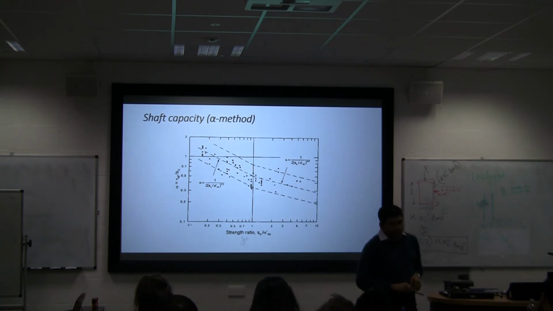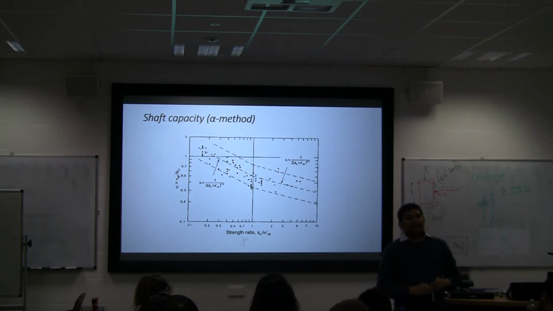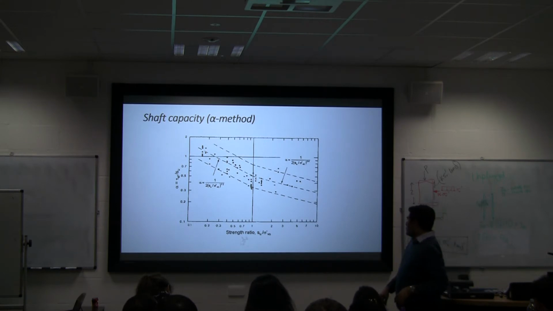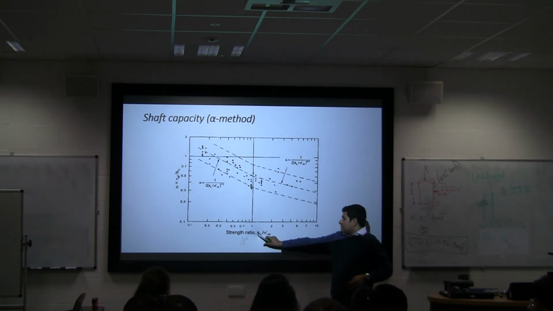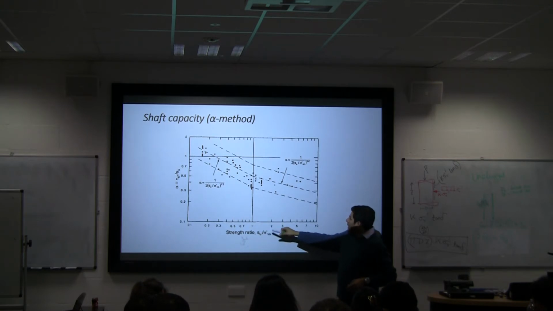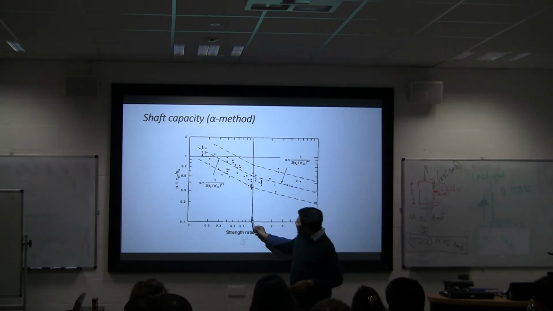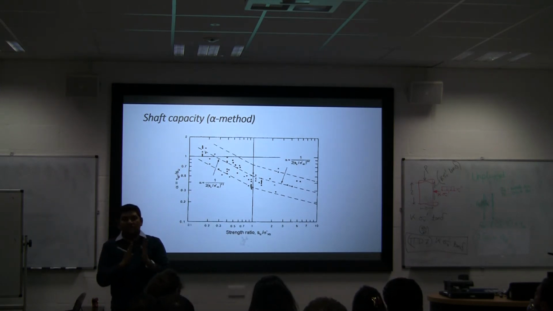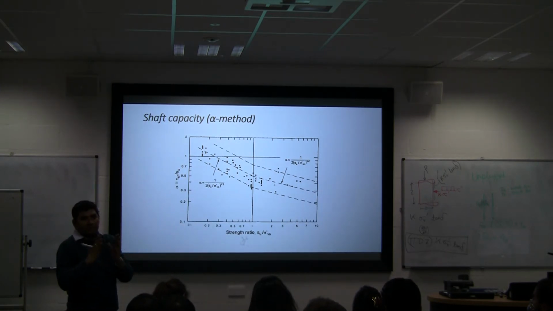So suppose at a particular depth you know sigma V dash, and you know the clay strength. So this is that ratio, SU by sigma V dash. And depending on that ratio, it tells you what to take as the shaft stress value.